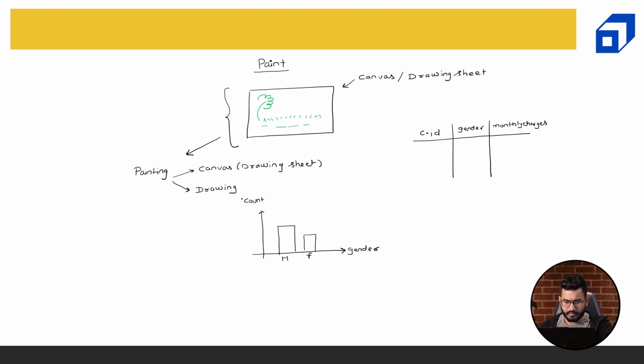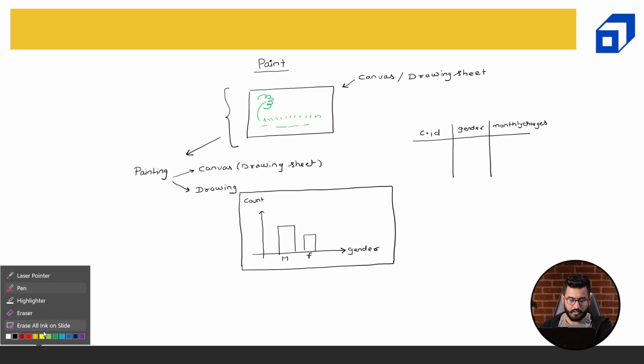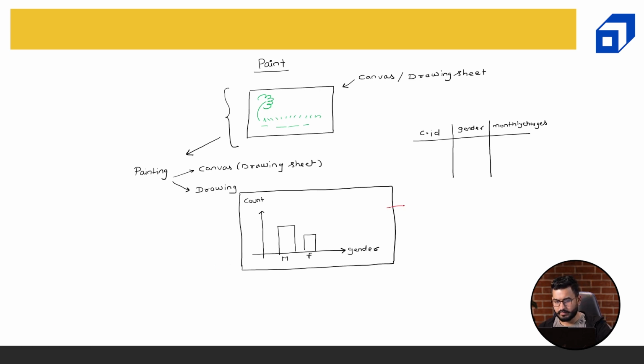Now, in order to plot this, in Python we need a figure. So over the Jupyter notebook, this plot is created over a virtual space, which we call a figure. So this is known as a figure.